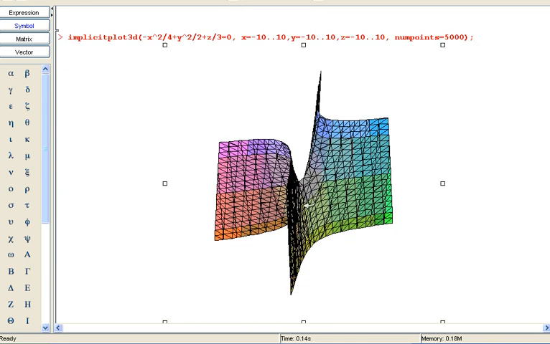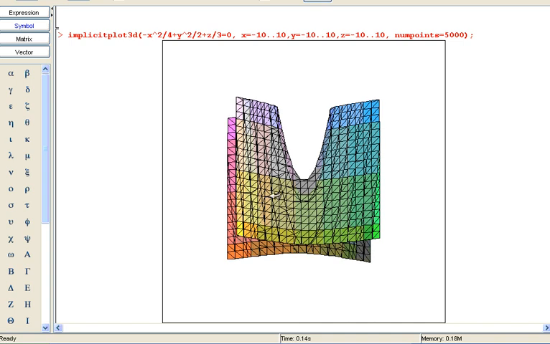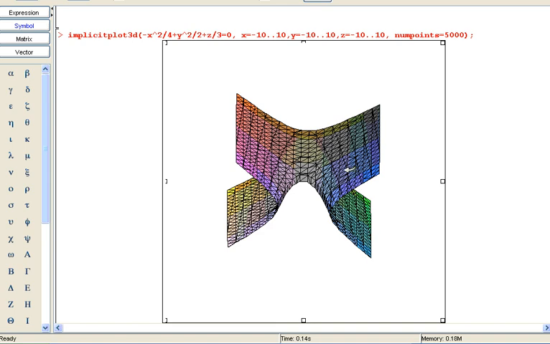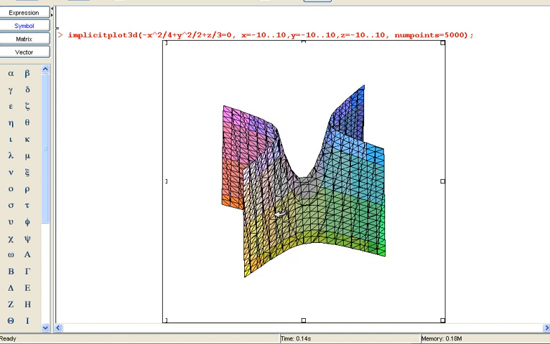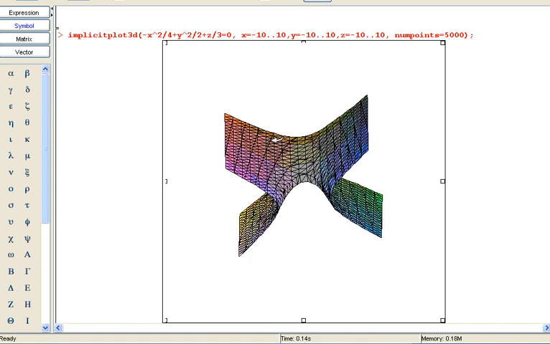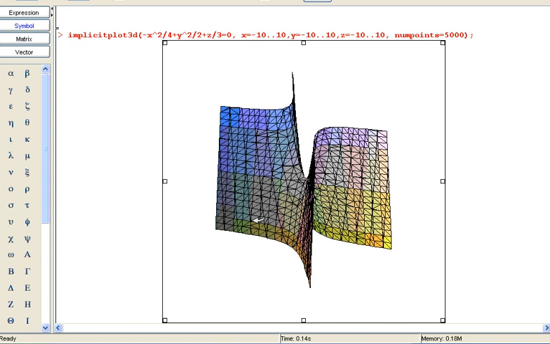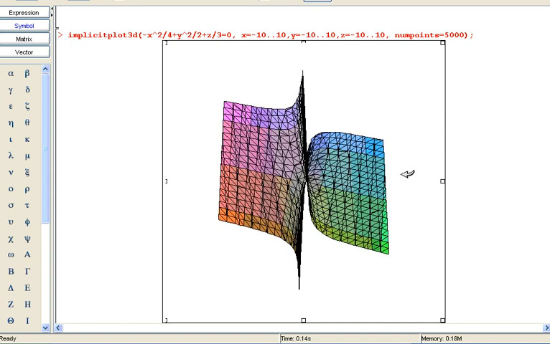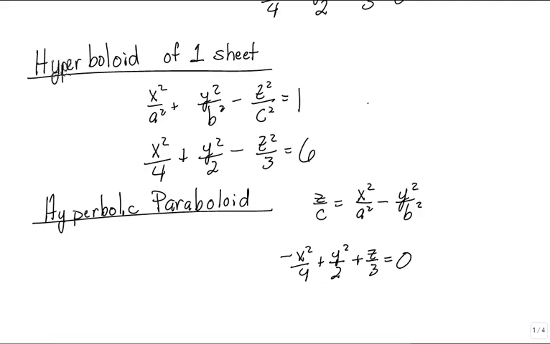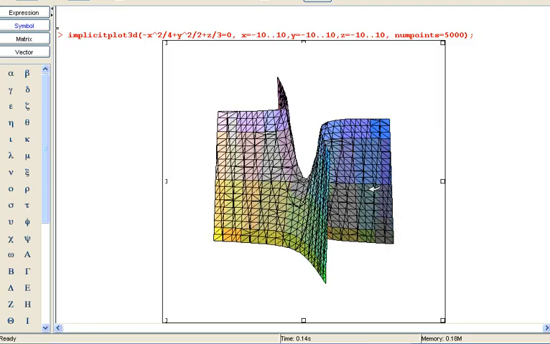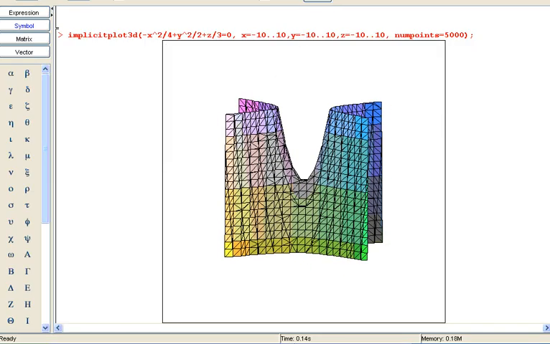This is called a saddle. This is probably the neatest one. I really like this one. You have a parabola, you have hyperbolas as traces, and again, it looks like a saddle. But that's pretty neat. You can move it around and look at it in Maple, and twist it around. That's called a hyperbolic paraboloid.